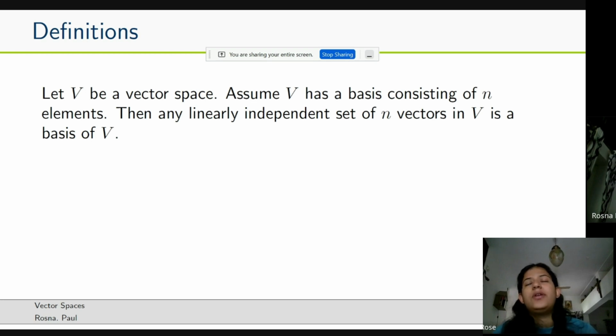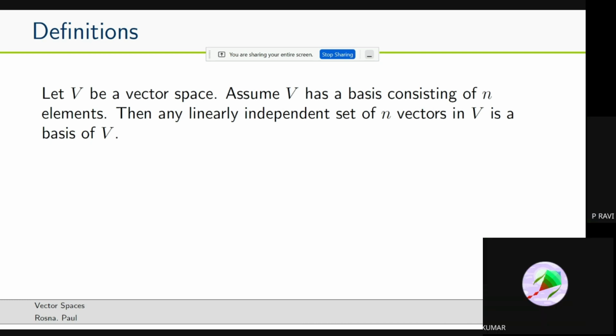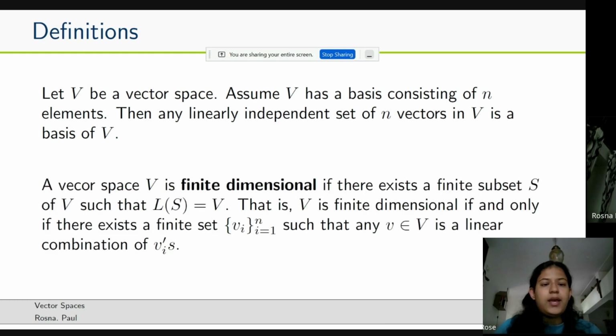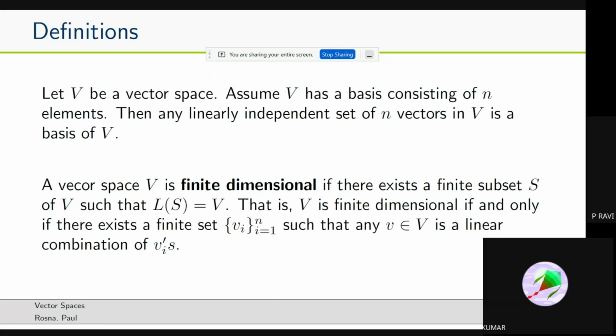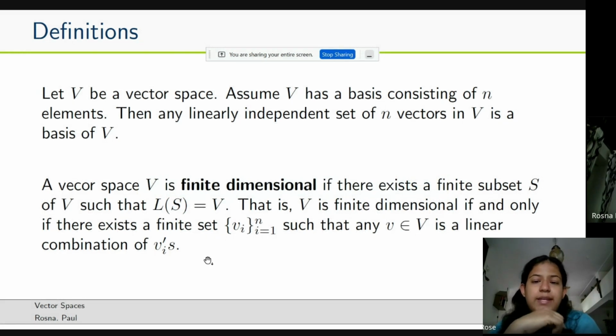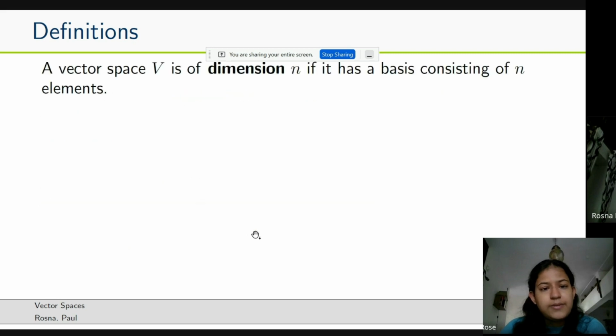Then if you take not just any collection of n elements, but a linearly independent set of n vectors, then it forms a basis of V. And a vector space V is finite dimensional if you have a subspace S such that it forms a basis, and this basis contains only a finite number of elements. So that is the conclusion of this statement.